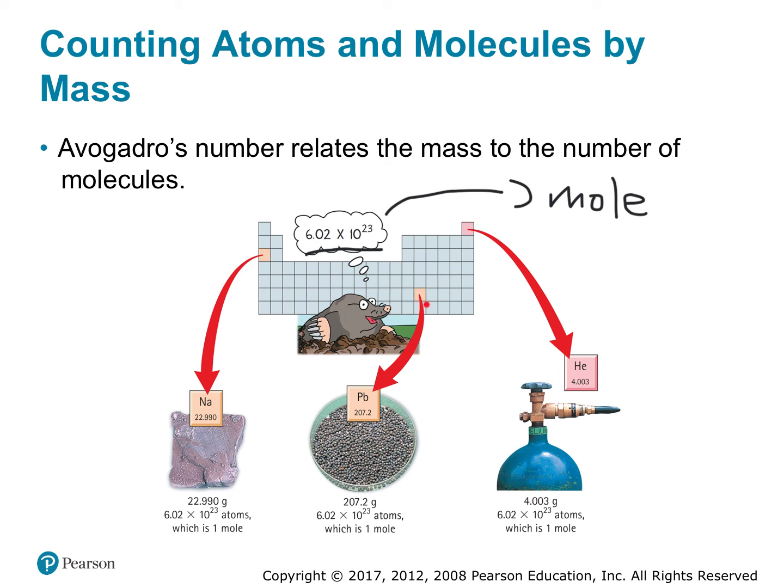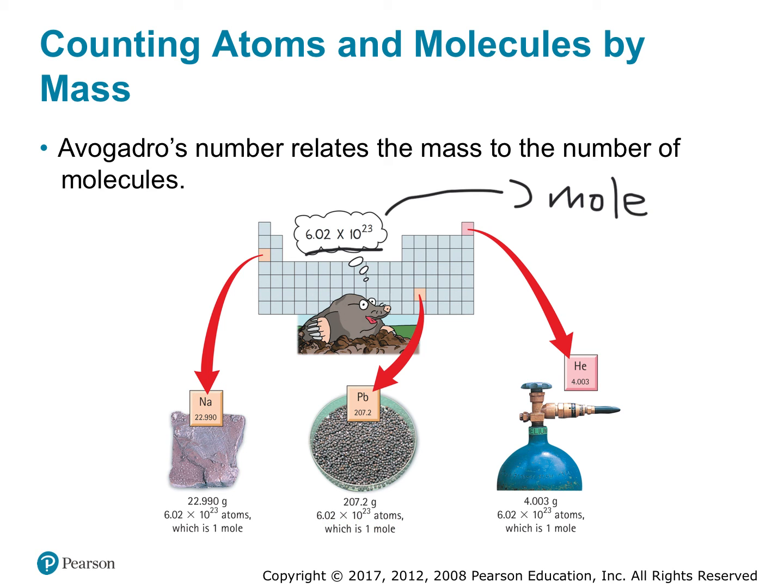Now, lead is obviously much heavier than helium. Lead is a solid, helium is a gas. But if I look at lead on the periodic table, I see that it has an atomic mass of 207.2. That's the atomic mass of a lead atom. And if I measure out 207.2 grams of lead, I know that's the amount of lead that contains 1 mole of lead atoms.